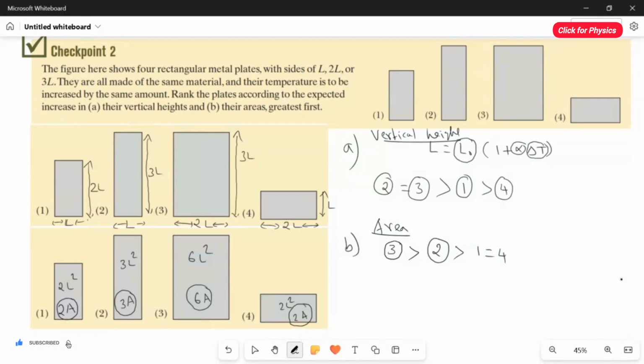And also the formula we studied, the same formula, area equals A naught times 1 plus 2 alpha delta T. Again the same case, because alpha is the same material and delta T, the change in temperature, is the same for these 4 metal plates. Only the area will differ, so we multiply length and width to get the area. Based on the area, we figure out the order from the greatest value. Clear? That's it. Thank you.